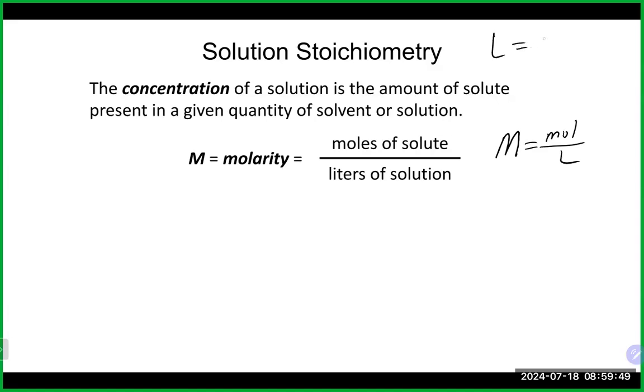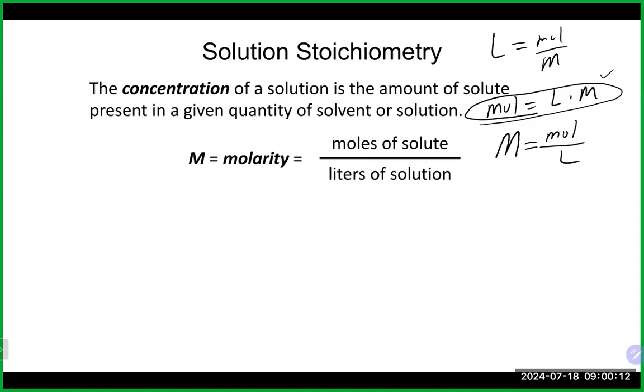Liters is equal to moles divided by molarity, and moles is equal to liters times molarity. So these are three very common ways that we rearrange molarity, and I would say this is used a lot, and also liters, but definitely in stoichiometry, that part of it is used a lot.